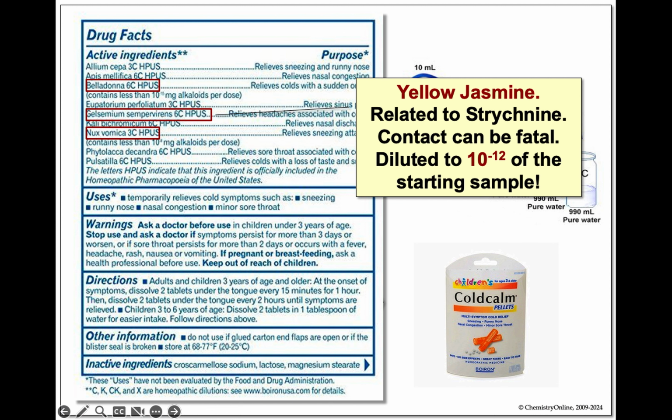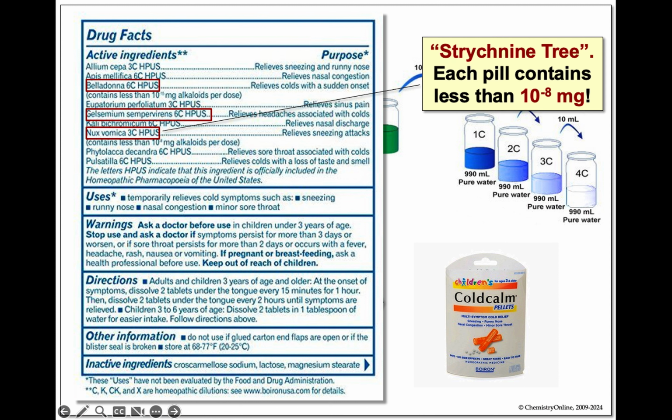If you walk through that little pile of brush in shorts, you can absorb enough through your legs to kill you, at least make you good and sick. About 10 to the minus 12 of whatever starting sample they use. And finally, this is strychnine tree, lovely name, Nux vomica.